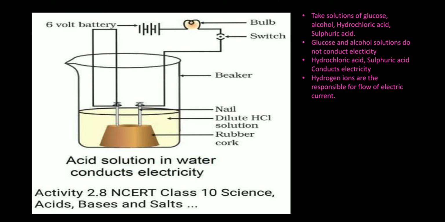You tell me, will the bulb glow or not for the dilute sulfuric acid? Okay, keep this also in your mind. I will tell you afterwards. Next, the third trial, using the glucose solution.